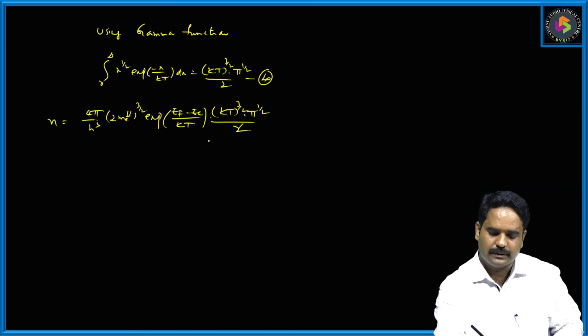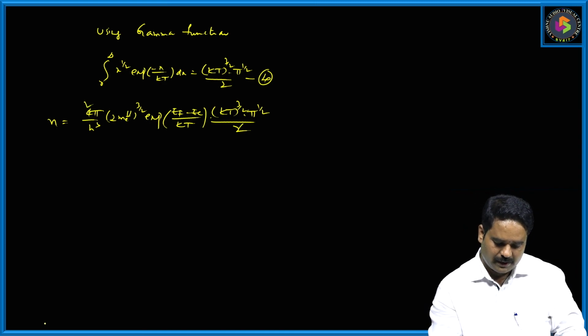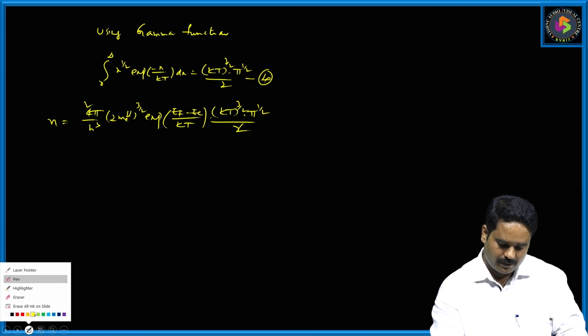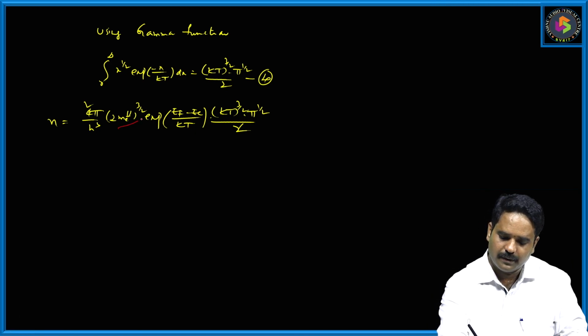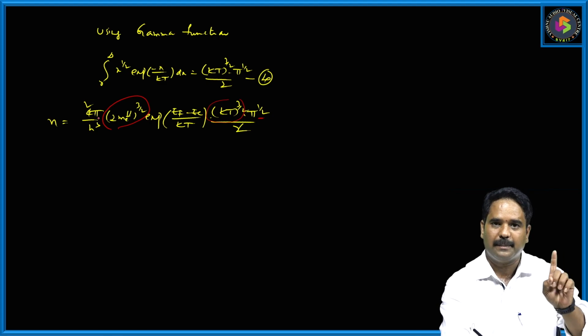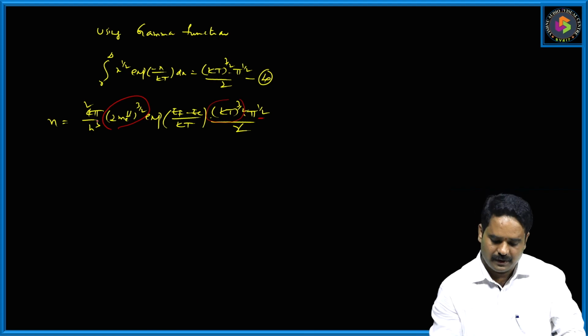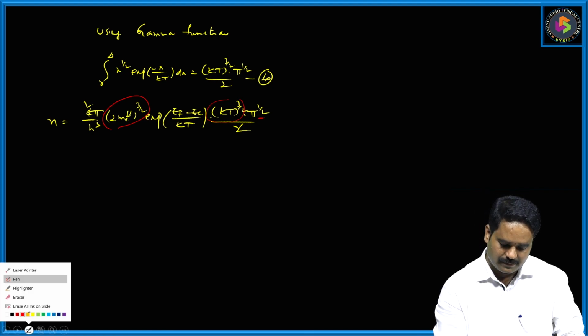Here the 2 will cancel. Here we have (2 me star) to the power of 3/2, here (kT) to the power of 3/2, and here we have pi power of 1/2 and pi. Pi power 1 into pi power of 1/2 can be written as pi power of 3/2. So we are adding all the terms.